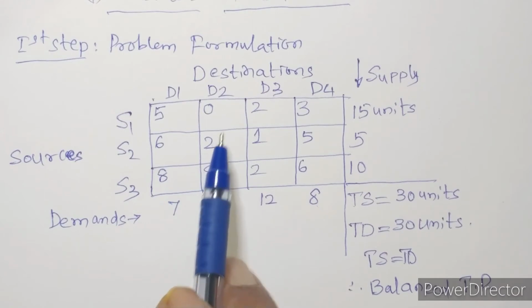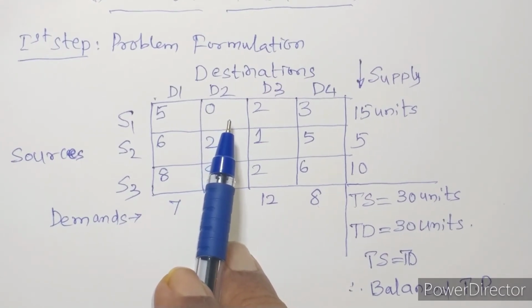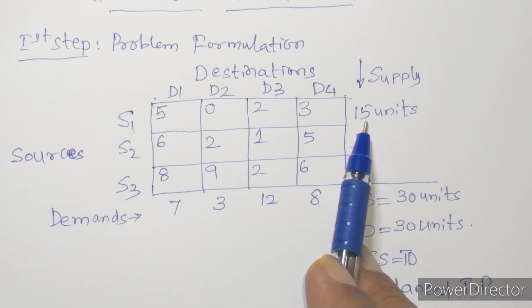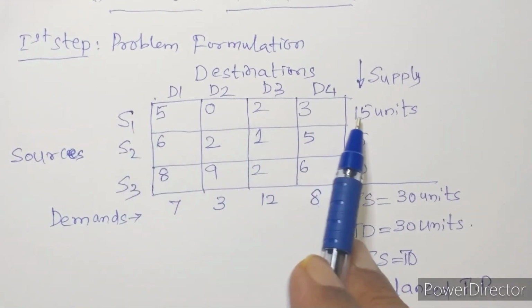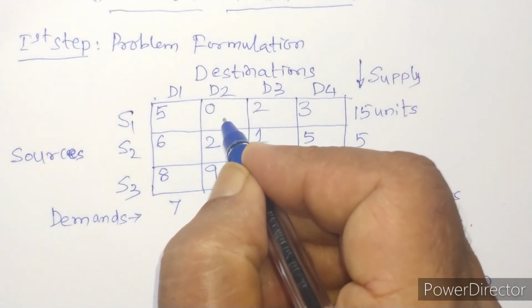We select the lowest cost, that is 0. 0 is the lowest cost in this problem. Now, for this cell, we have to do the allocations. For that, we check the total supply at S1, that is 15 units, and the demand at D2, which is 3. Whichever is less goes to this place.